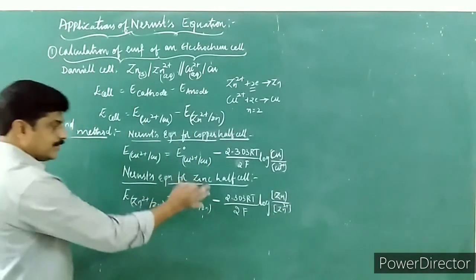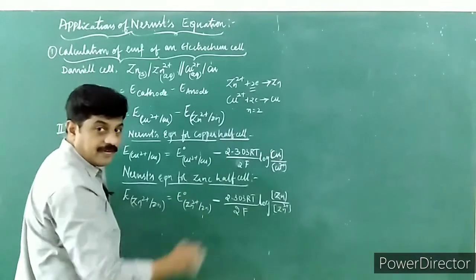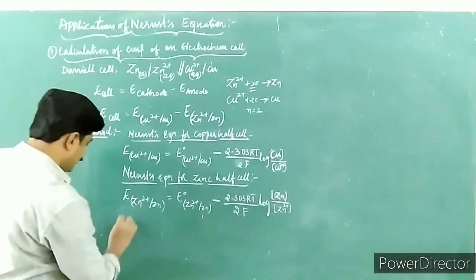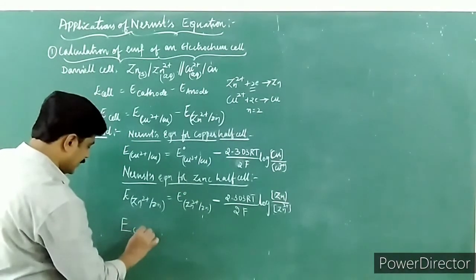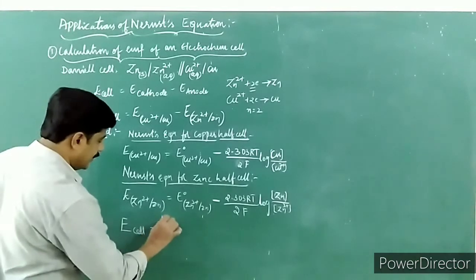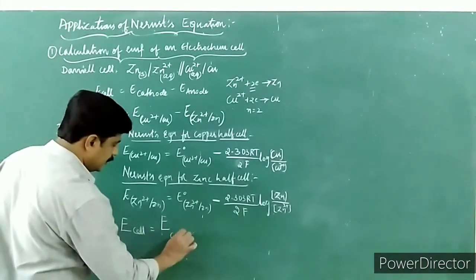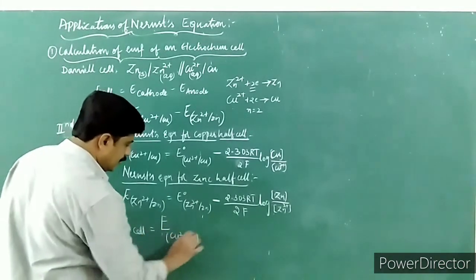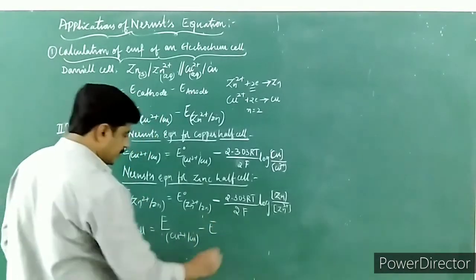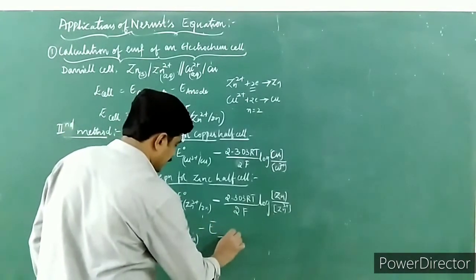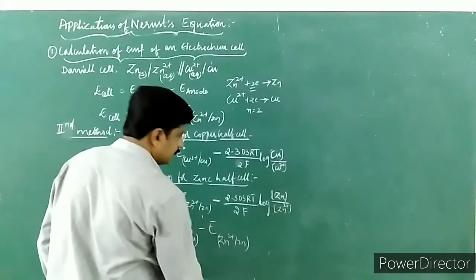Okay, and now once you write this, you can go for finding out E cell, is it not? And what is that? E cell is equal to reduction potential of copper cell minus reduction potential of zinc cell. Is it not?